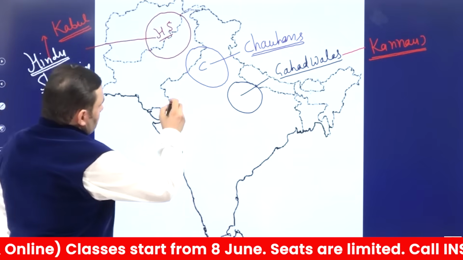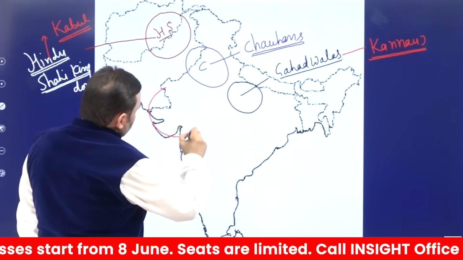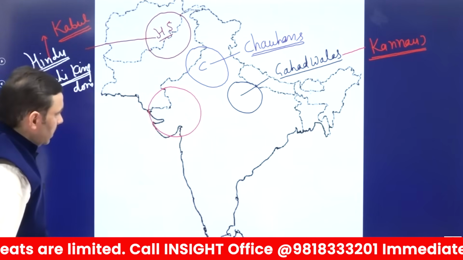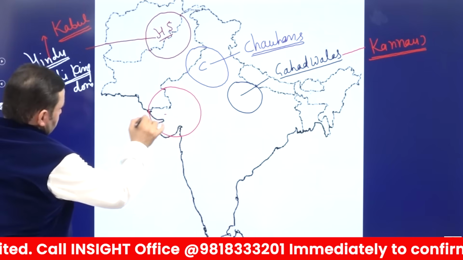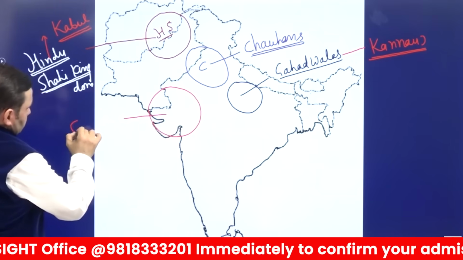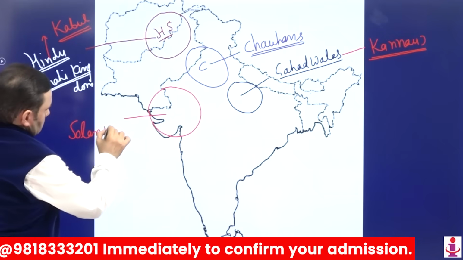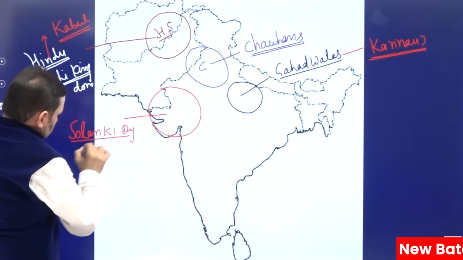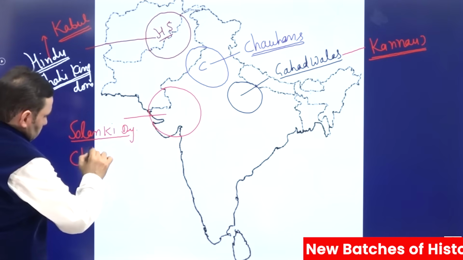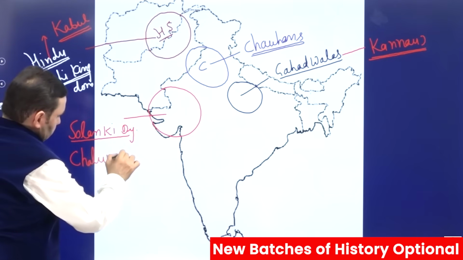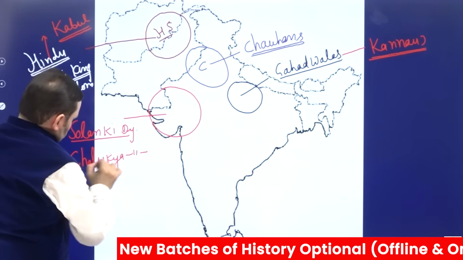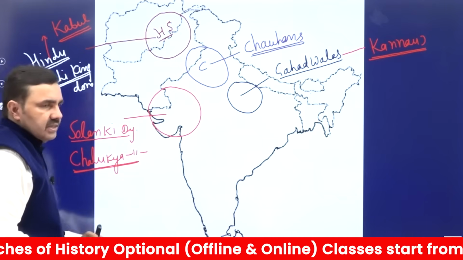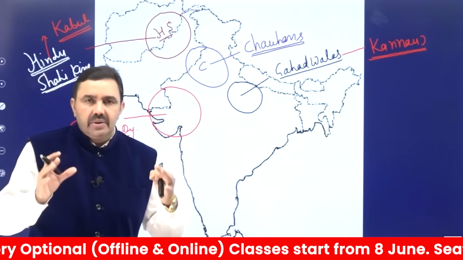Another was here in parts of Gujarat and Rajasthan. The name of this dynasty was Solanki dynasty. This dynasty was also known as Chalukya dynasty. In Indian history, you will come across at least 4 different Chalukyan dynasties.